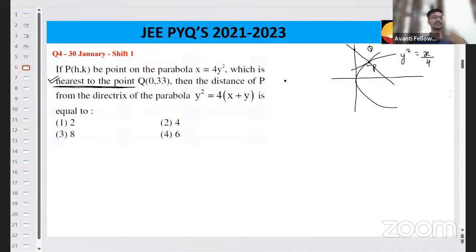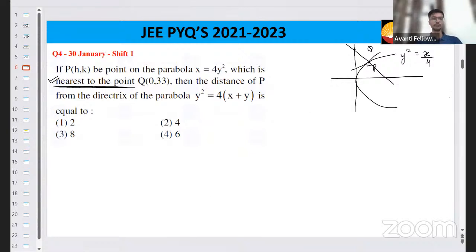Because the minimum distance between points P and Q will be when the normal at point P passes through point Q. Any other normal will always give the distance PQ greater than this least distance. Okay. So then we have to find the distance of point P from the directrix. So let us get the coordinates of point P.